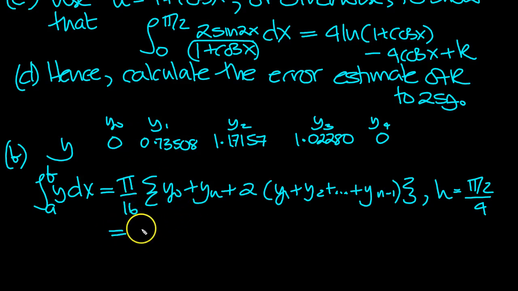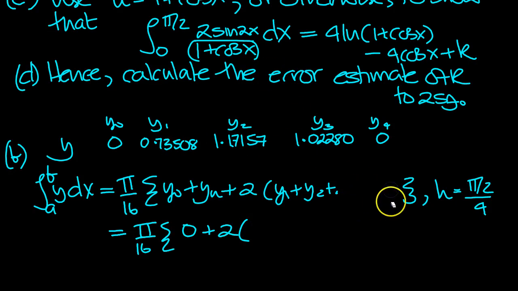So it's the first and the last. So it's 0 plus 0 is 0 plus 2 times basically y1, y2, y3. So we can tidy this up actually and just put a y3 in here. Okay, so these three added then.